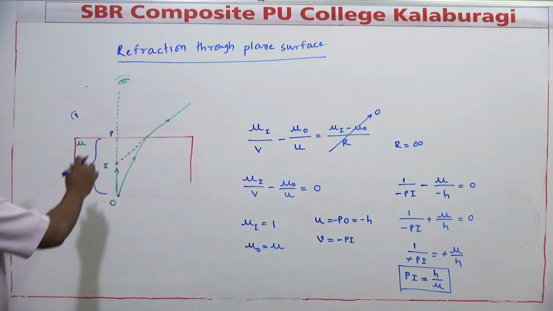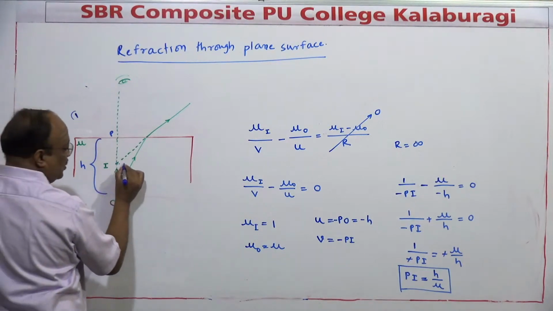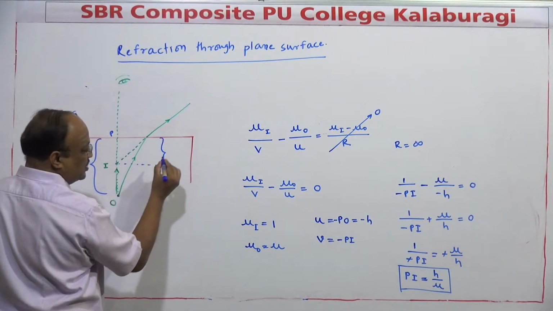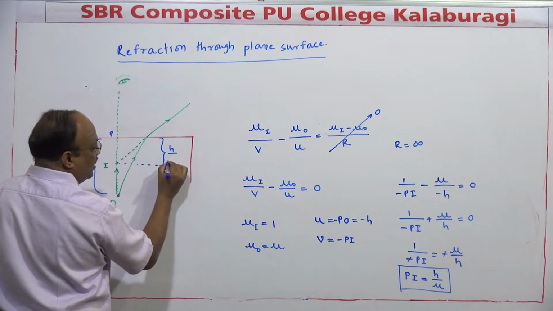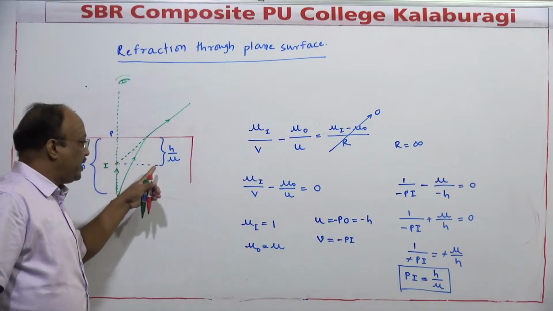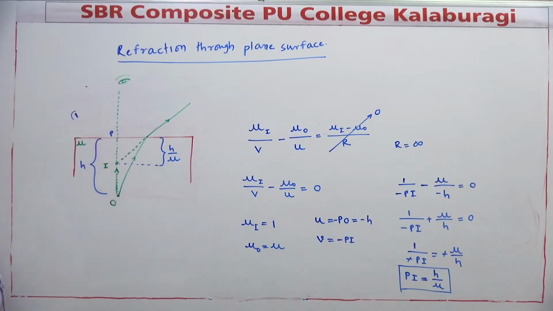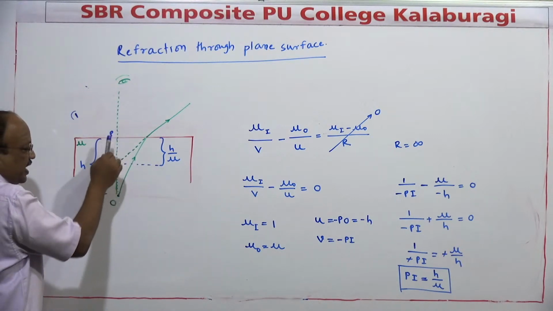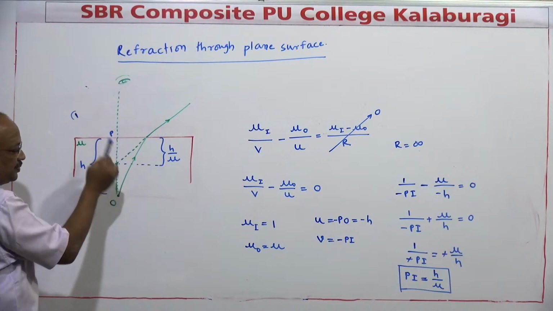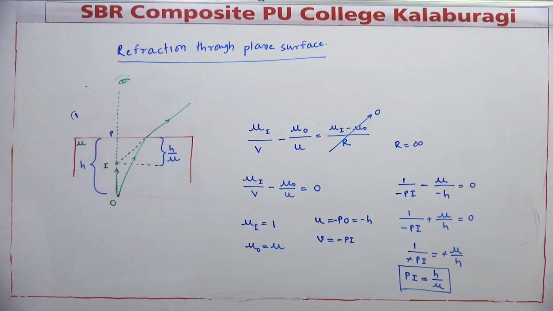If the total distance PO is H, what will this distance PI be? This distance is H by mu. H is the real depth, and this is the apparent depth.